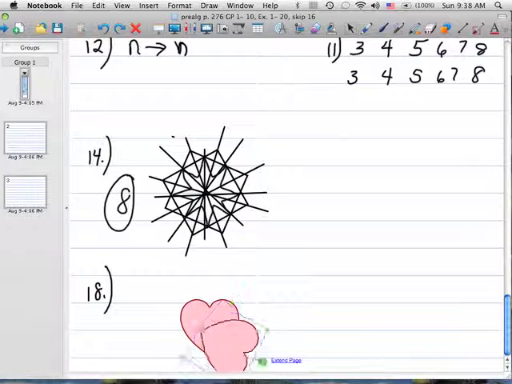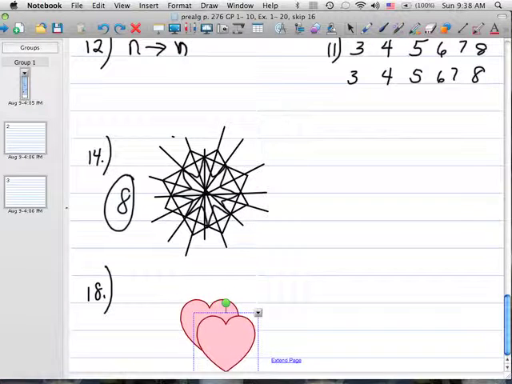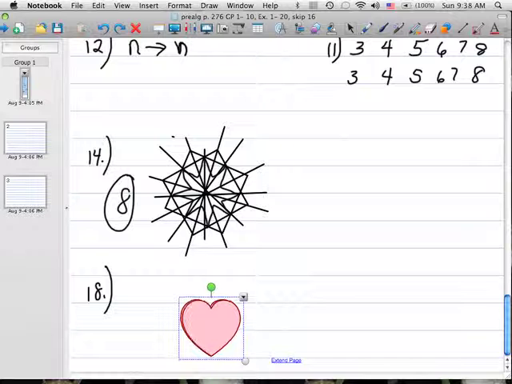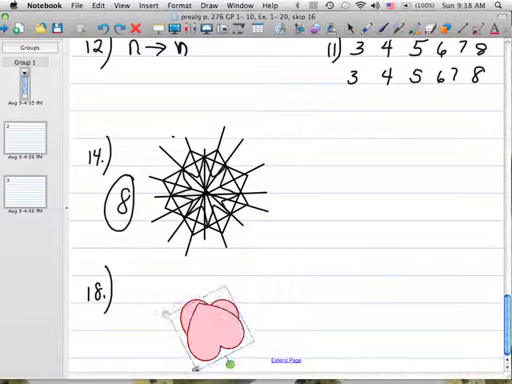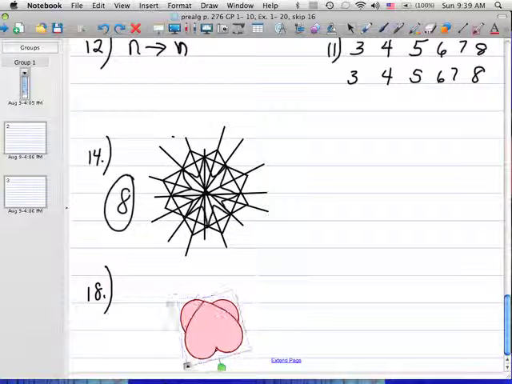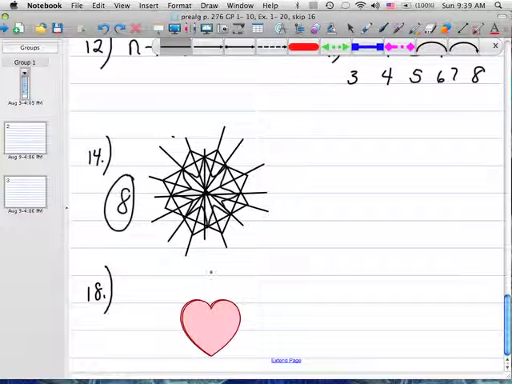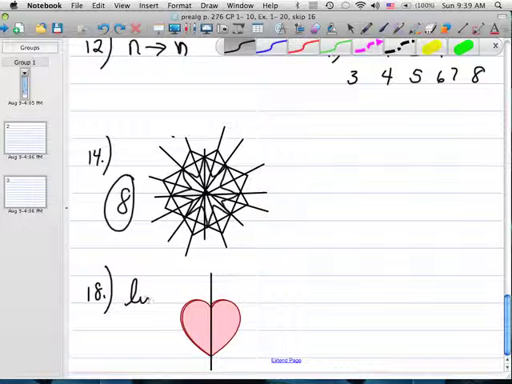And if we rotate it, it does not have rotational symmetry. But you'd have to do it 360. So it doesn't have rotational symmetry, but it definitely has line symmetry. So 18 is line.